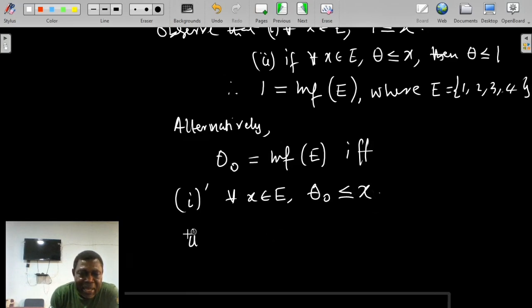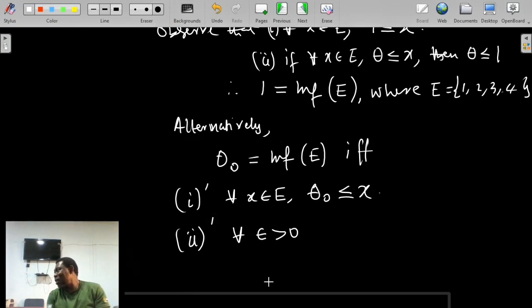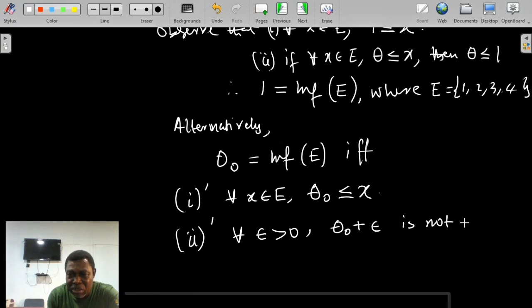Then I prime, for any epsilon bigger than 0, epsilon bigger than 0 means given any positive number, theta naught plus that positive number is not a lower bound.